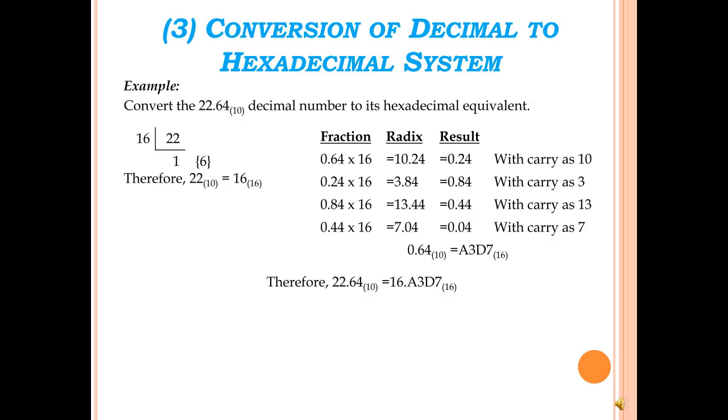We have the number 10 there, which gets converted to A. Then we have number 3. Then we have number 13, which gets converted to the alphabet D. And we have number 7. So the final answer for 22.64 base 10 is equal to 16.A3D7 base 16.